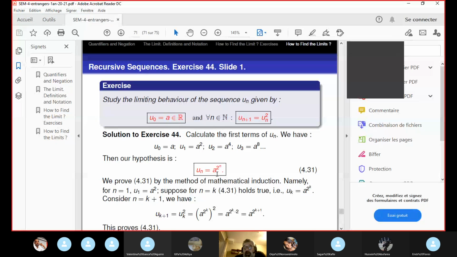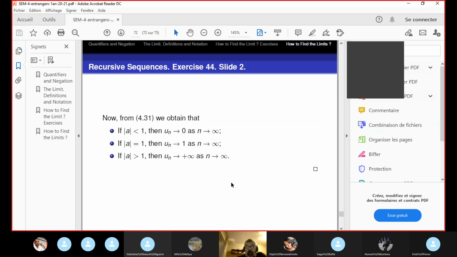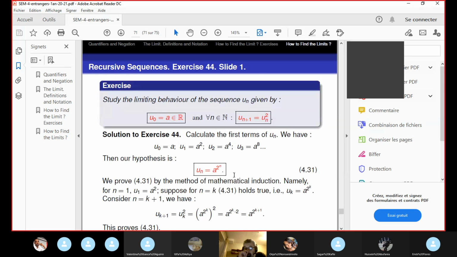So you see the recursive sequence we define as a relation between the next term, u sub n plus 1, and the previous one, the term u sub n. In this case, we have a very simple relation. I hope that the idea will be rather clear.